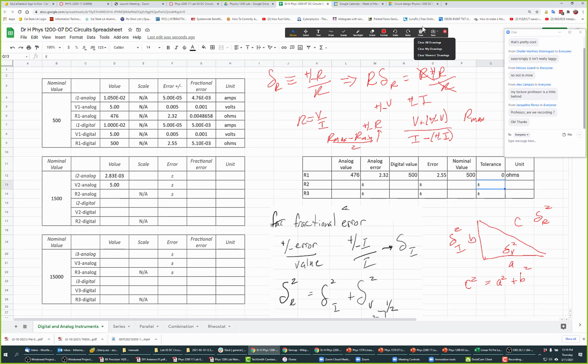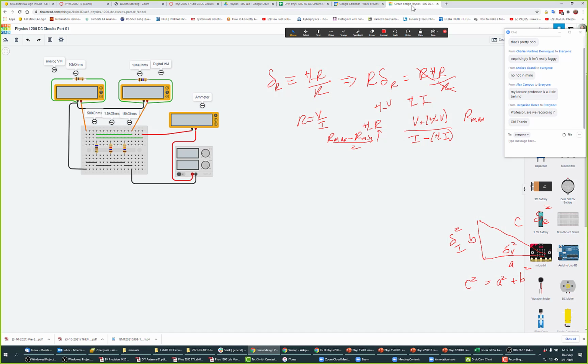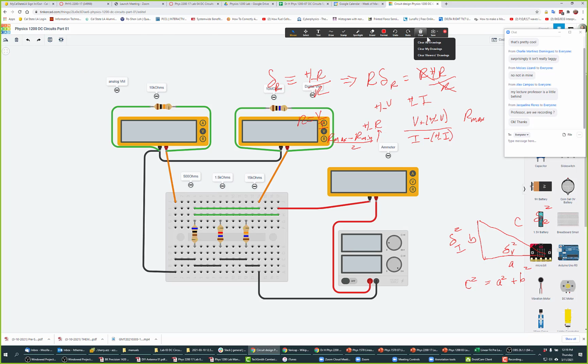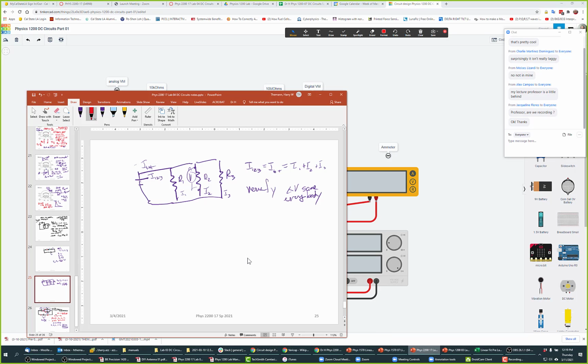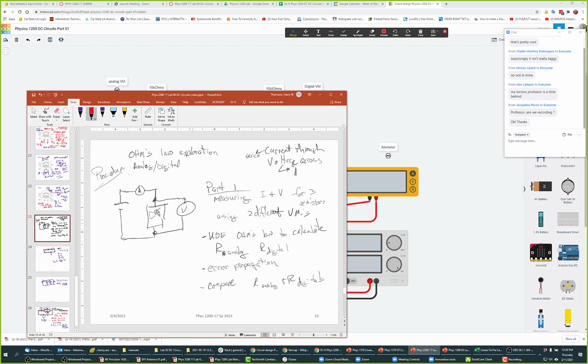And I will tell you that it has to do with the input impedances of the two voltmeters. And remember the circuit. Yeah, here it is.